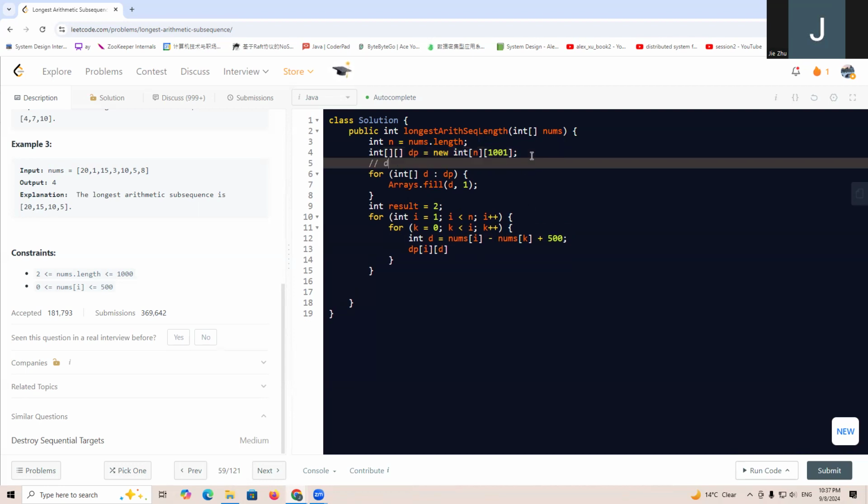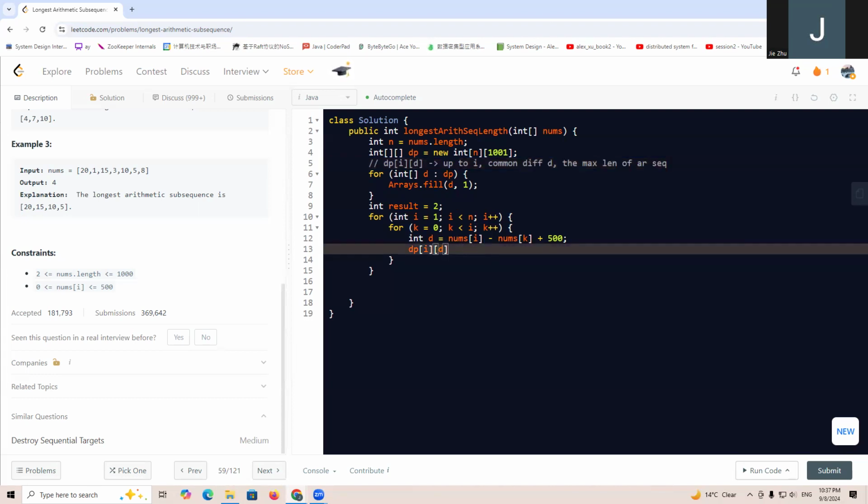We know dp[i][d] means the max length of the arithmetic subsequence up to i with common diff d. So dp[i][d] equals Math.max of dp[k][d] plus 1 and dp[i][d].